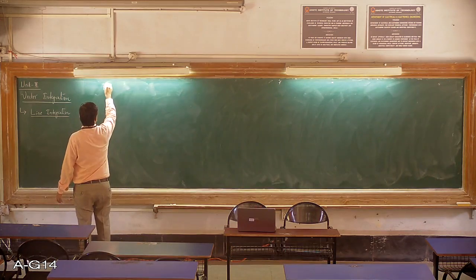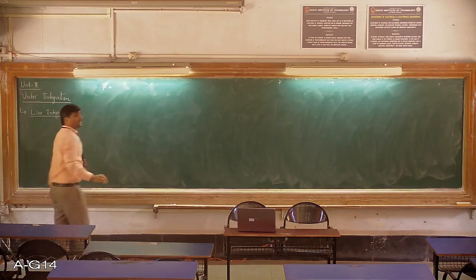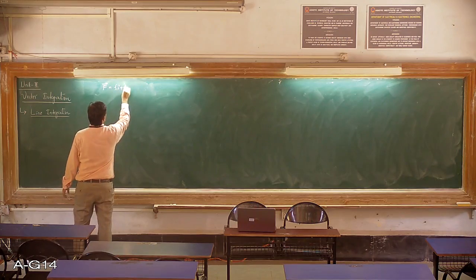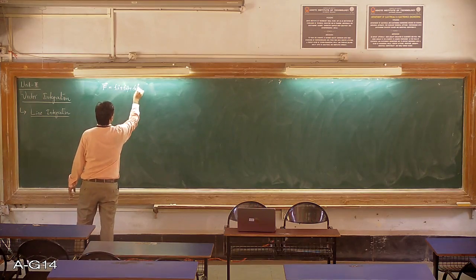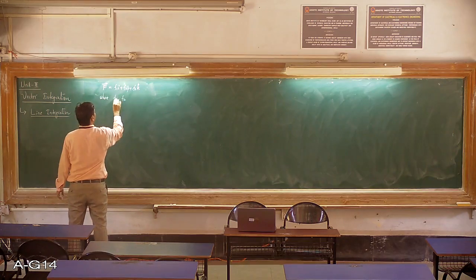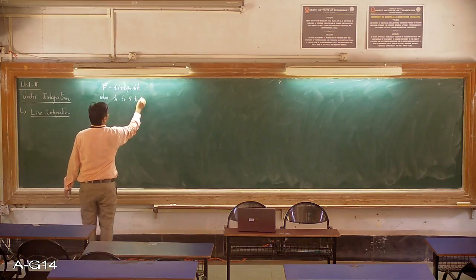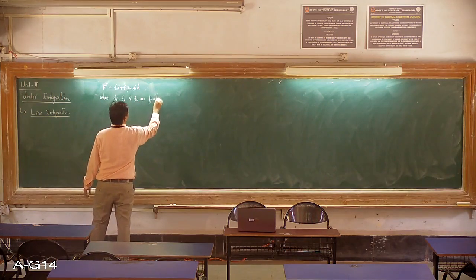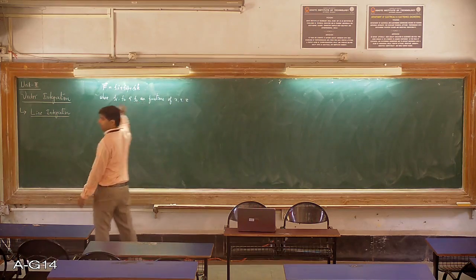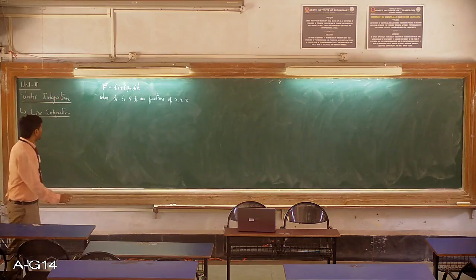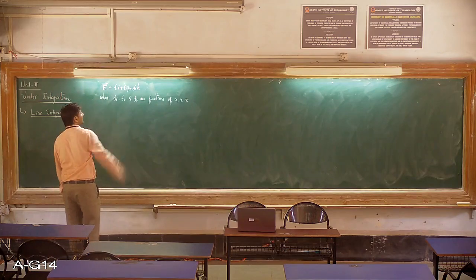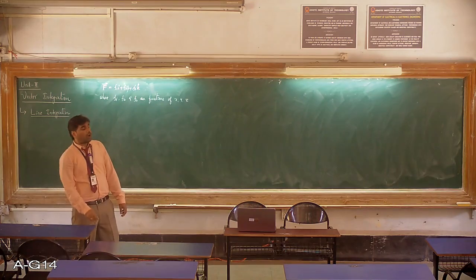In the last class I said that F is a vector point function, written as f1 i plus f2 j plus f3 k, where f1, f2 and f3 are functions of x, y and z. This capital F is called a vector point function or vector field.